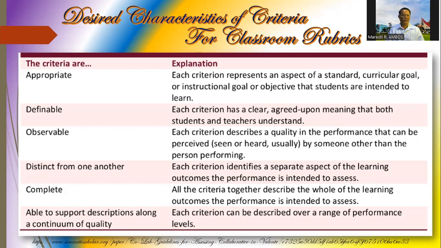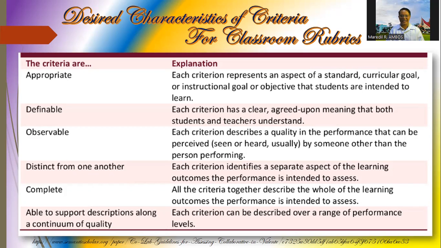The fourth is distinct from one another. Each criterion identifies a separate aspect of the learning outcomes the performance is intended to assess. The fifth is it should be complete. All the criteria together describe the whole of the learning outcomes the performance is intended to assess. And the last is it is able to support descriptions along a continuum of quality.